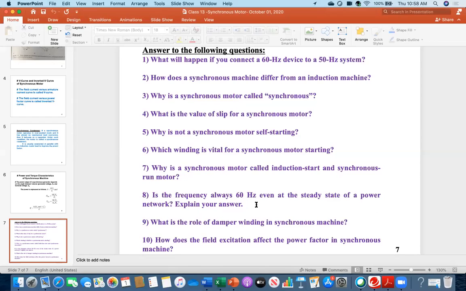The answer is no. It is not perfectly 60 Hertz. And when I say explain your answer, that is the explanation I showed you on the whiteboard. You will say that it is not perfectly 60 Hertz because customers are continuously changing the loads based on their behavior, their lifestyle, their own pattern.